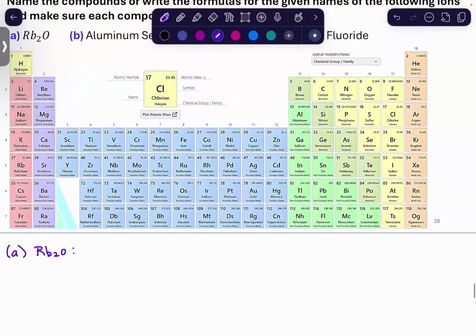I want to find these on the periodic table. Rb is right here, so that's rubidium. O is oxygen, that's right there.